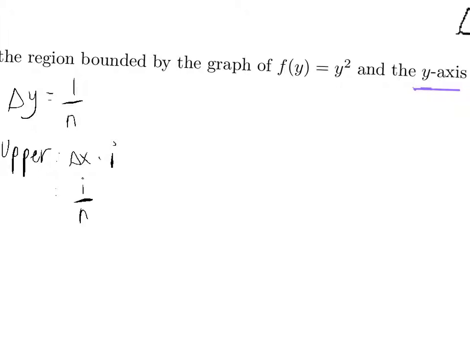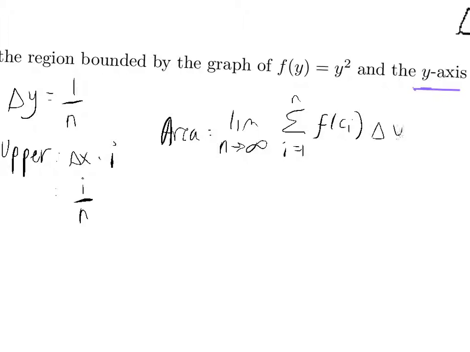So writing out our area now in terms of y instead of x, our n stays the same. It's still the limit as n approaches infinity of the sum from i equals 1 to n of f of c_i times delta y instead of delta x.